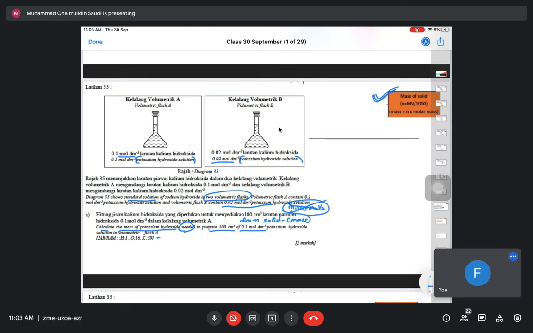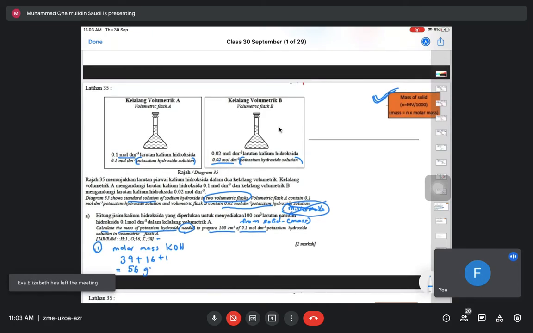So first, we need to find the molar mass. Molar mass of potassium hydroxide is 39 plus 16 plus 1 equal to 56 per mole.